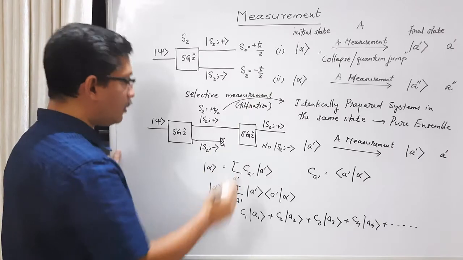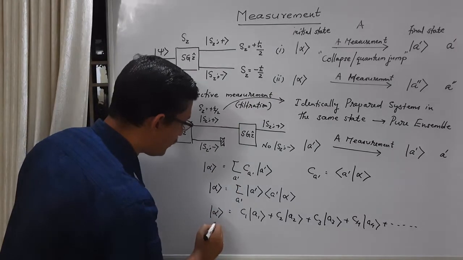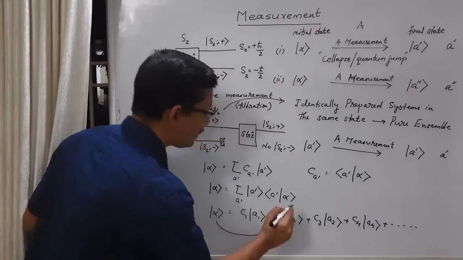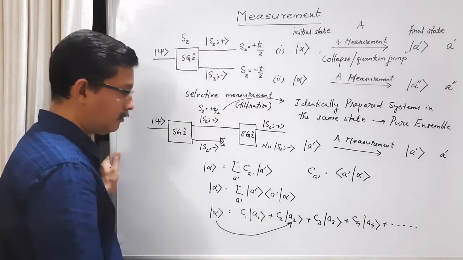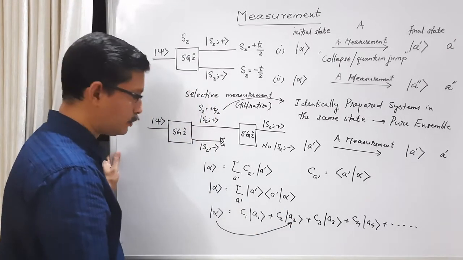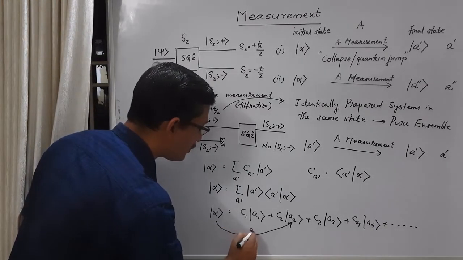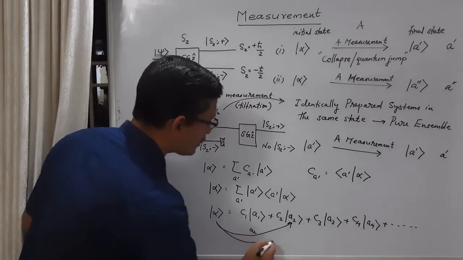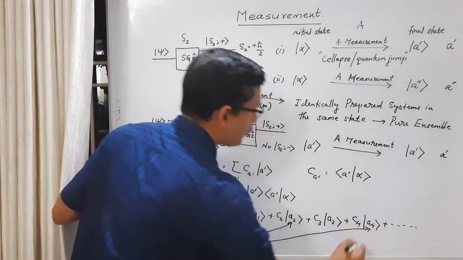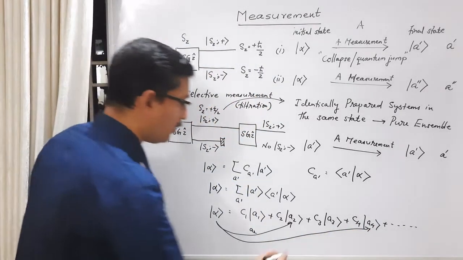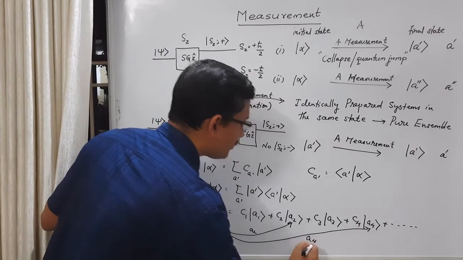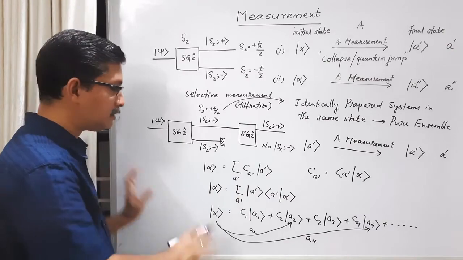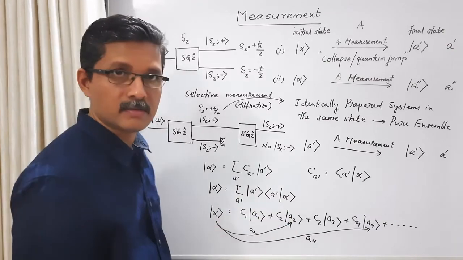So in trial 1, what happens is that the general ket, let us say, collapses to this base ket, this eigenket, ket A2. What is the result of measurement? A2. In trial 2, it collapses from this to, let us say, ket A4. What is the result of measurement? The eigenvalue A4. So it goes like that. Okay, this is the way it collapses.